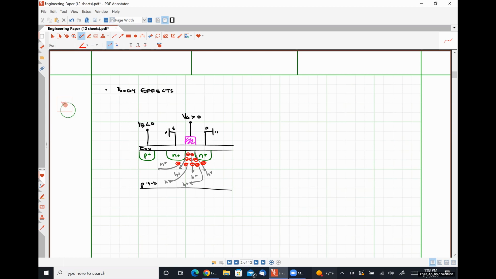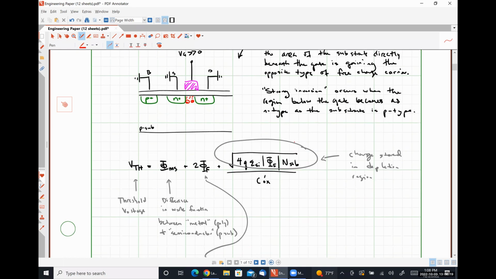So if the width of the depletion region is getting larger, what does that mean about this charge stored in the depletion region? It's also getting larger. So if we scroll back here, if our threshold voltage is dependent on the amount of charge stored in our depletion region, and we have figured out a way to cause our device to store more charge in the depletion region, what is happening to our threshold voltage?